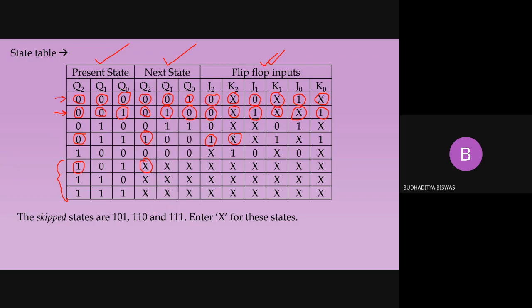So you see here, starting from these 3, everything is don't care condition, because there is no transition mentioned in the excitation table from 1 to 0 transition, or 1 to don't care transition, or 0 to don't care condition. Because here you see the next states are all don't care condition. So that means the transition may be 0 to don't care or 1 to don't care. But as the excitation table doesn't reflect this value, so here all the JK inputs must be anything. Okay, so that's why they are filled up by the don't care condition.